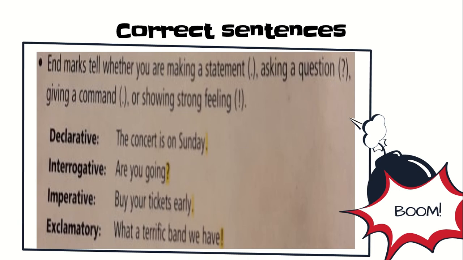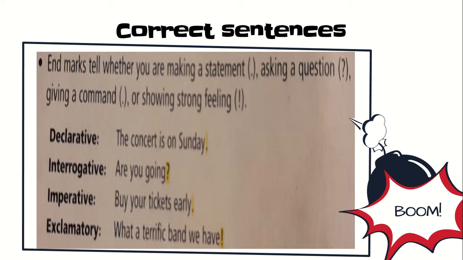End marks tell whether you're making a statement, asking a question, giving a command, or showing strong feeling. A declarative sentence begins with a capital letter and ends with a period. The concert is on Sunday. An interrogative sentence begins with a capital letter and ends with a question mark.